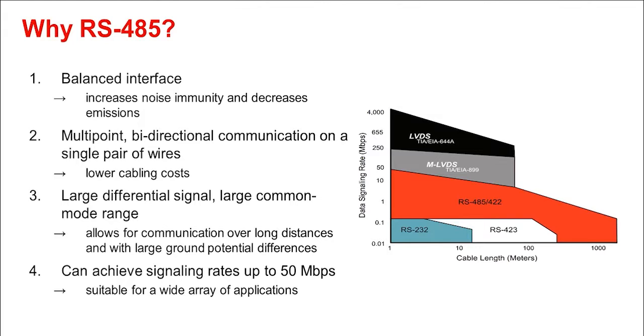An RS-485 driver and receiver are also required to operate over a common mode range of -7 volts to 12 volts. This enables data fidelity in the presence of large ground potential shifts relative to other interface standards, and may also extend the operable distance of an RS-485 transmission line.